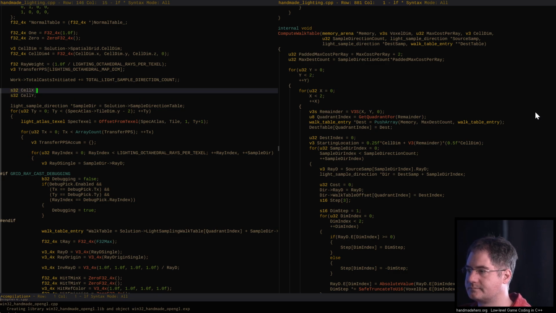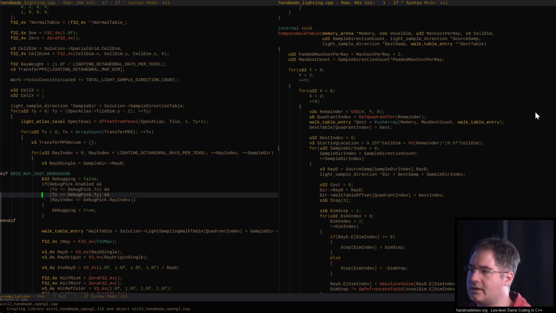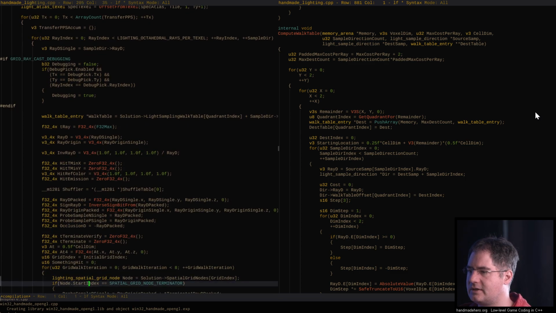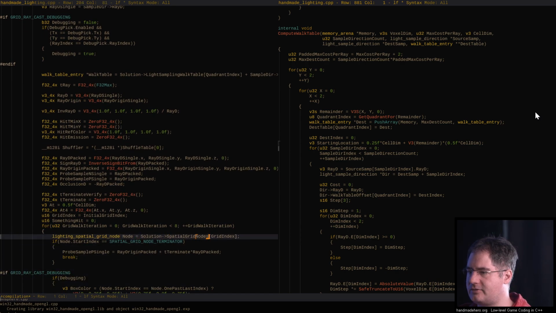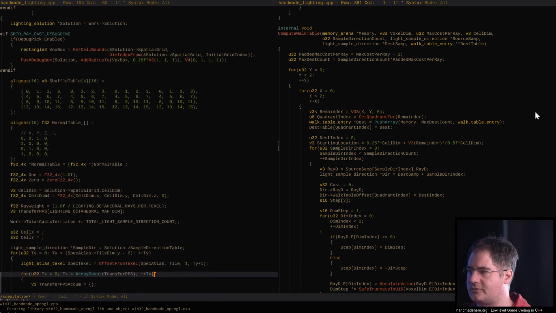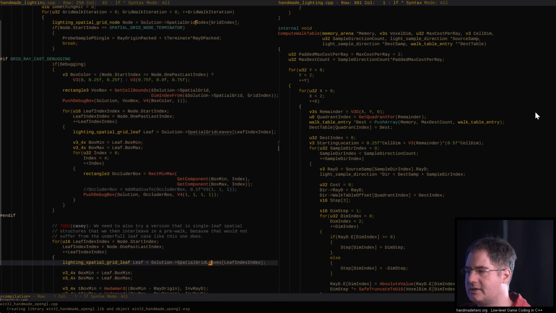Whichever cell you start in, you would have this, and then in here you would need a thing where, when you load the spatial index that you're in, you would have to build the grid index from those two values, which costs you something. And then to know which one that you move to, you would have to do the actual math.